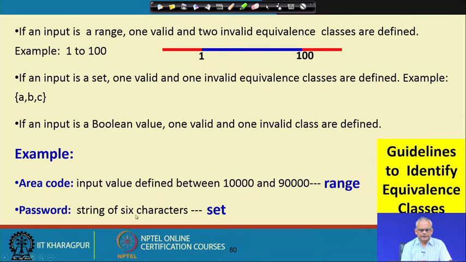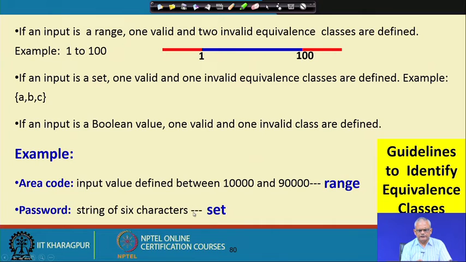It is a finite set of all possible strings of 6 characters, and as soon as we recognize that it is a set, we will identify two equivalence classes in this case. One is a valid equivalence class, which is a member of the set, and another is an invalid equivalence class, which is less than 6 characters, more than 6 characters, etcetera.